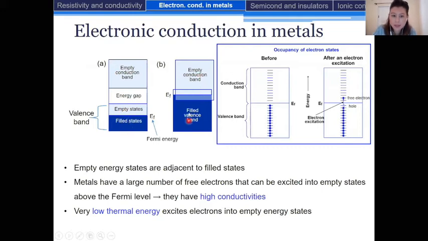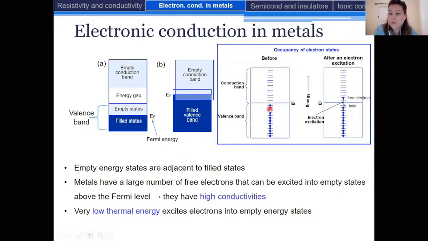In that case, we have empty energy states in the conduction band. So metals are good conductors. They have high conductivities because they have a large number of free electrons that can be excited into empty states above the Fermi level. And so these electrons turn into free electrons and can contribute to the electronic conduction.